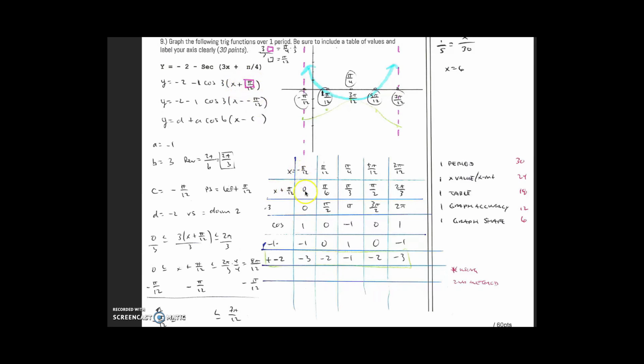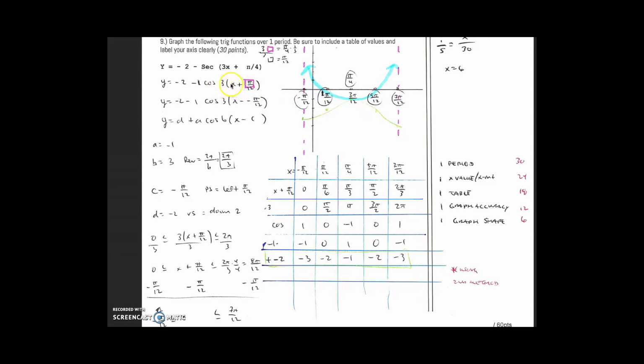When I do that, I get 0, 2 pi over 12, which is pi over 6, pi over 12 to 3 pi over 12 gives me 4 pi over 12, which is reduced to pi over 3. Pi over 12 plus 5 pi over 12 gives me 6 pi over 12, which reduces to pi over 2, and 1 pi over 12 plus 7 pi over 12 gives me 8 pi over 12, which reduces to 2 pi over 3.